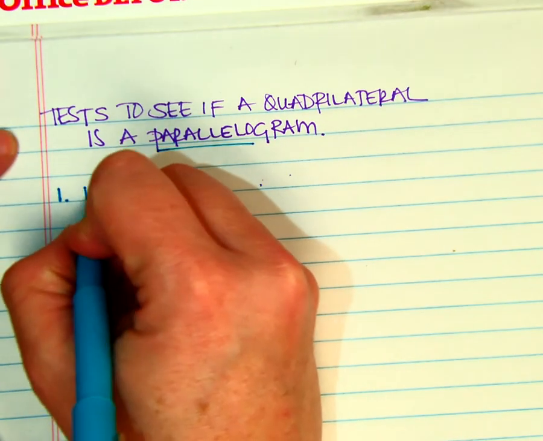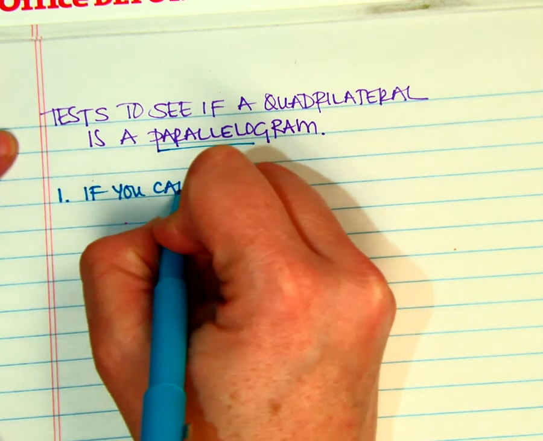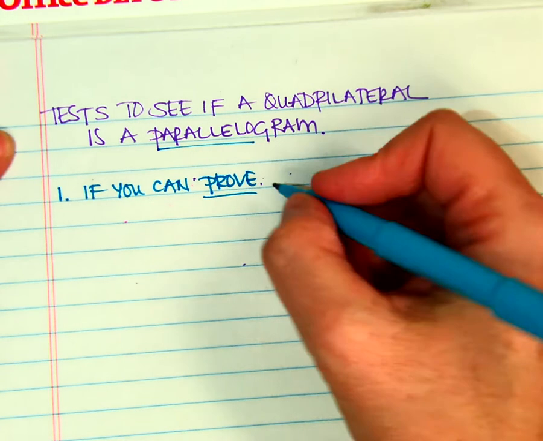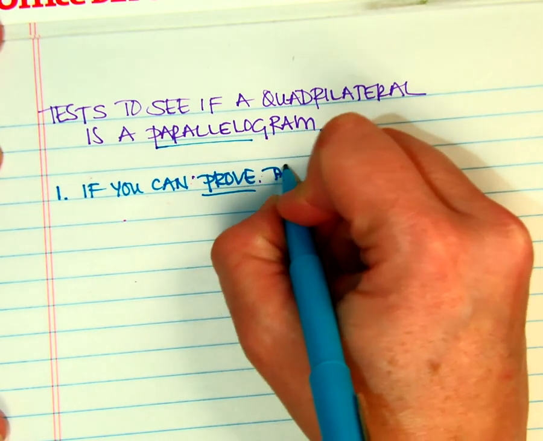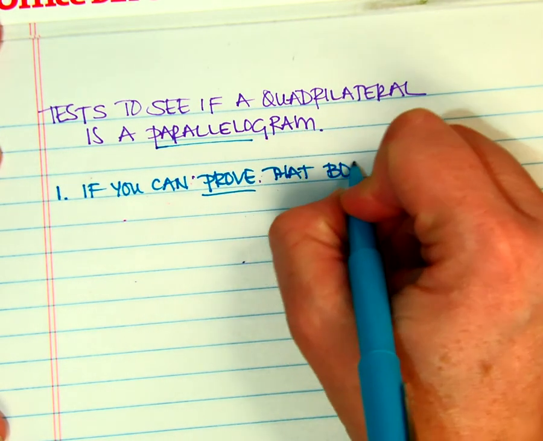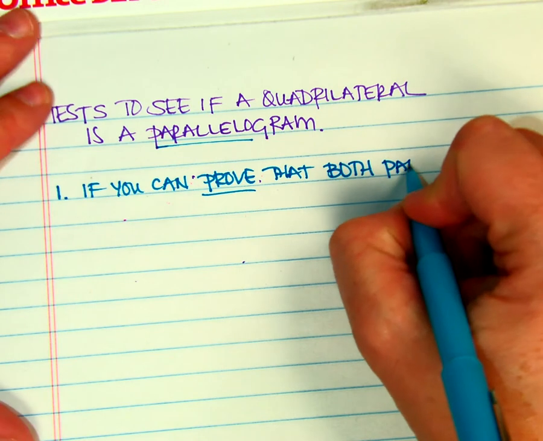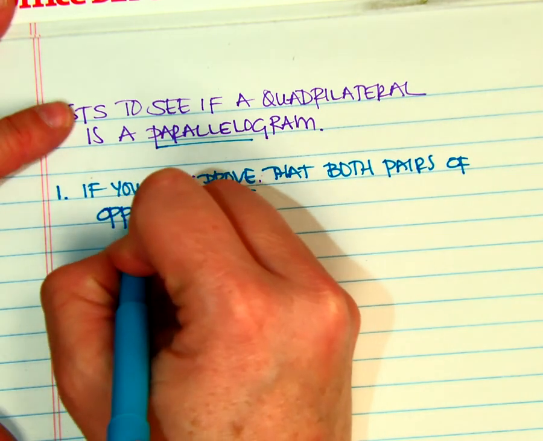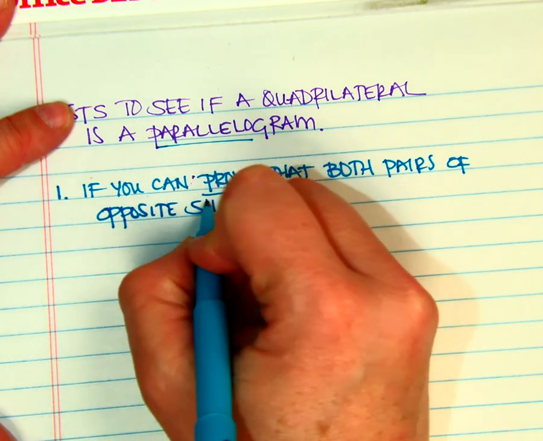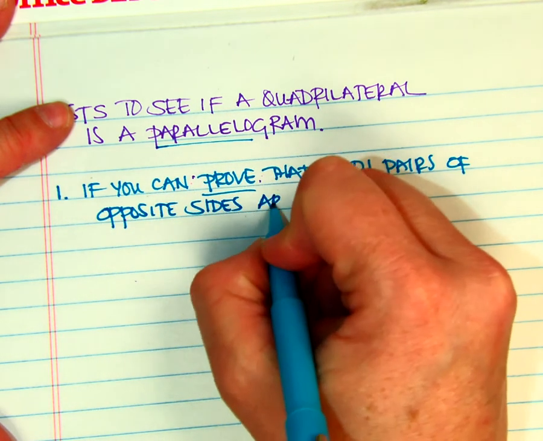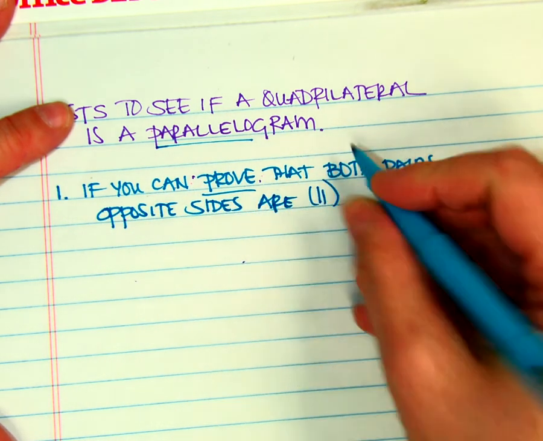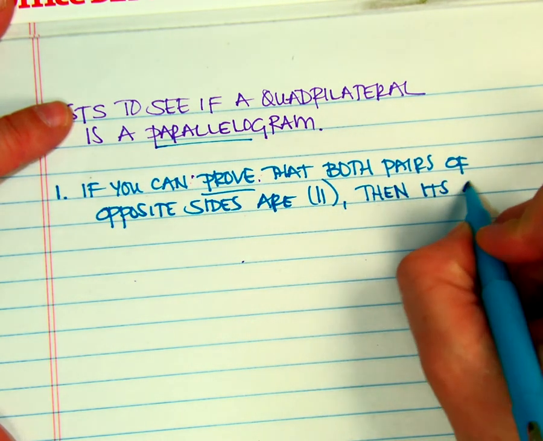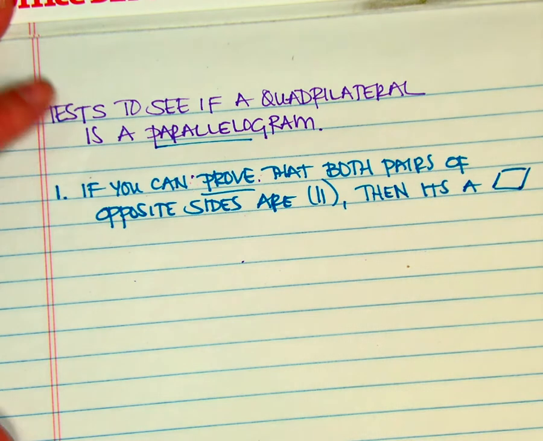So if you can prove, and don't get all excited about the word prove, if you can prove that both pairs of opposite sides are parallel, then it's a parallelogram.